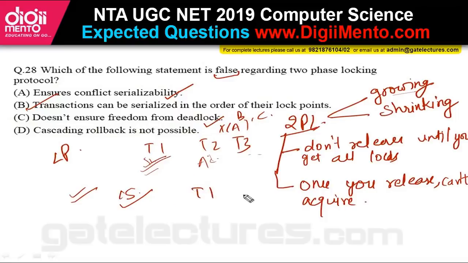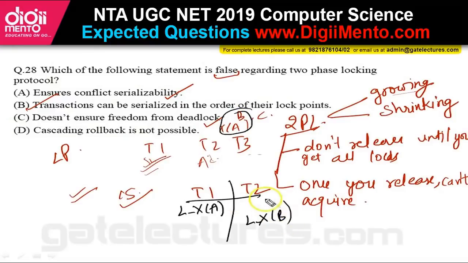Why? Because let's say I have two transactions T1 and T2. T1 acquires an exclusive lock on A. We talk about acquiring locks on the same data, not on different data. T2 can acquire a lock on data B. If transaction T2 tries to acquire an exclusive lock on A, then it will be blocked, because T1 has already acquired it, but it can acquire on B, so it is fine.